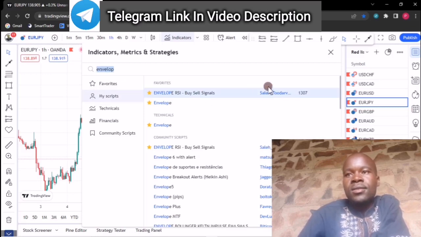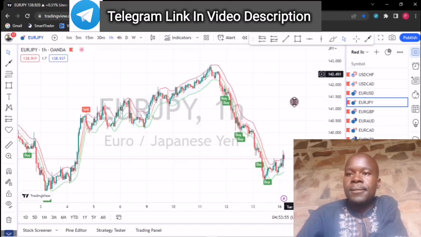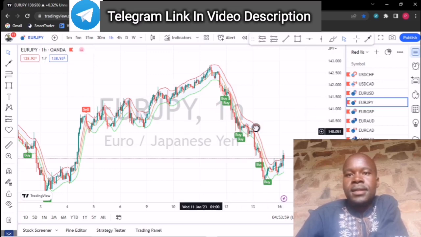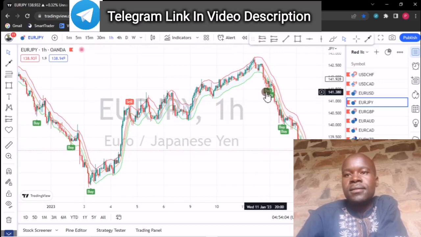You select that one and then you close. Okay, we have it now. Now we have to put in the settings because there's a lot of stuff that we don't need.